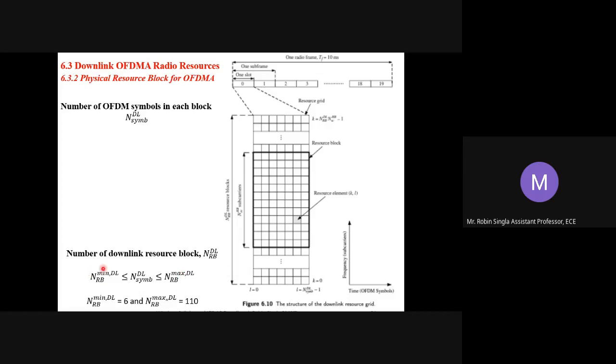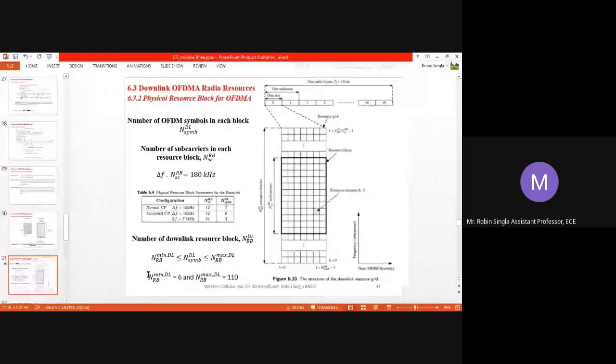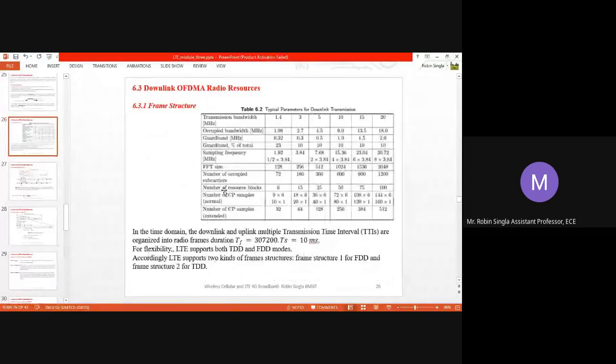It should be a number between its minimum value and maximum value. The minimum value is 6 and the maximum value is 110, and it is given in this table. It depends on the bandwidth.